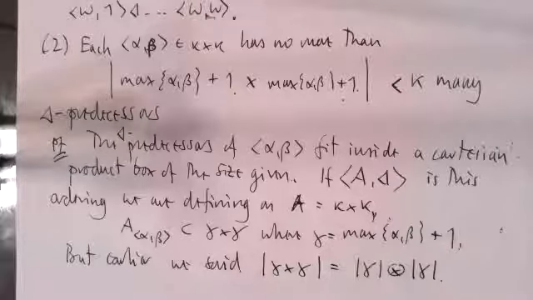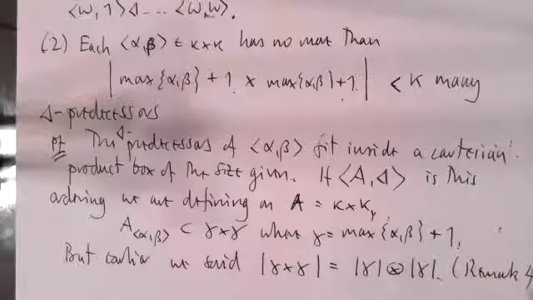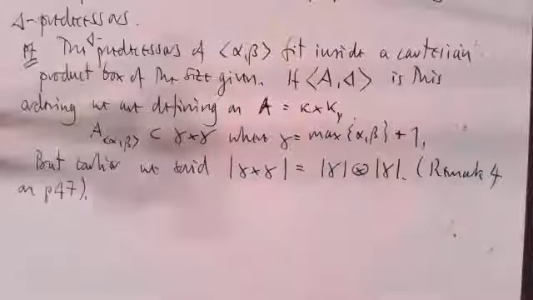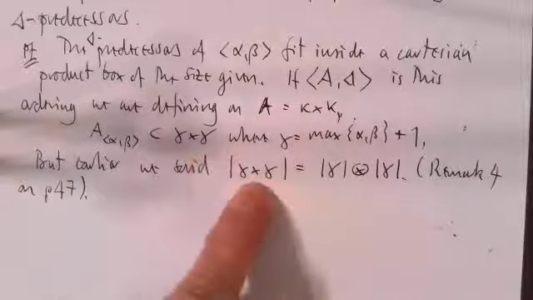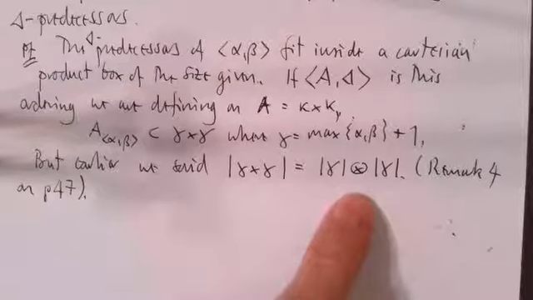It's remark 4 above on the previous page. Okay, so the size of this Cartesian box is the size of this cardinal product.